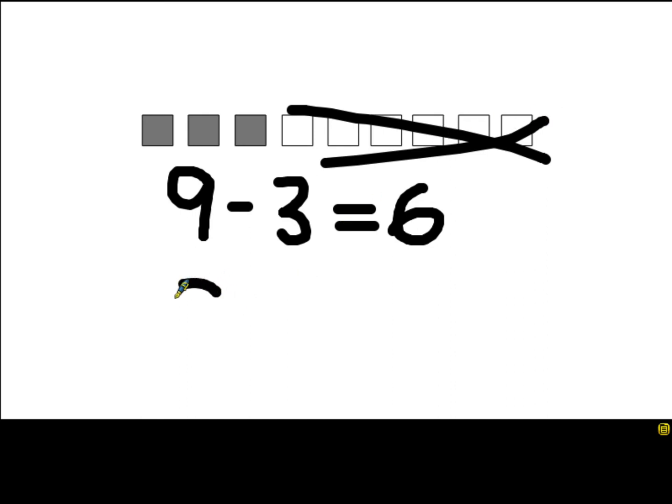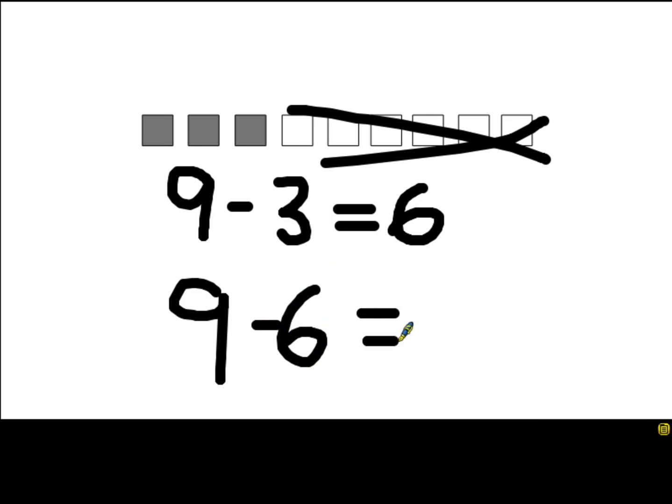We still started with 9, but now we're taking away 6 white ones, and we have 3 gray ones. Can you see the difference between adding and taking away, subtraction? When you take away, you start with all of them, so the biggest number goes first. And then we take away the gray ones and the white ones, or the white ones and the gray ones.